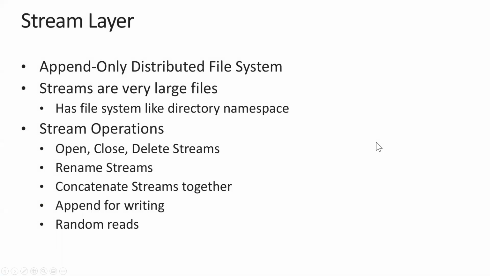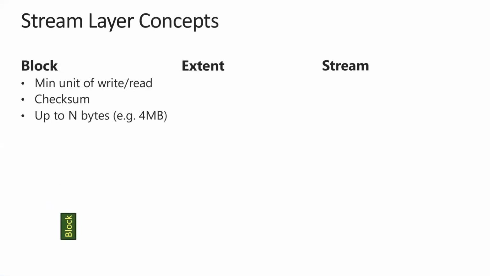So the stream layer is an append only distributed file system, and it is responsible for storing these files. The basic design is that the minimum storage unit is a block. Any read or write that you perform, the smallest data retrieved or written is in the form of blocks, which is 4 MB of data.